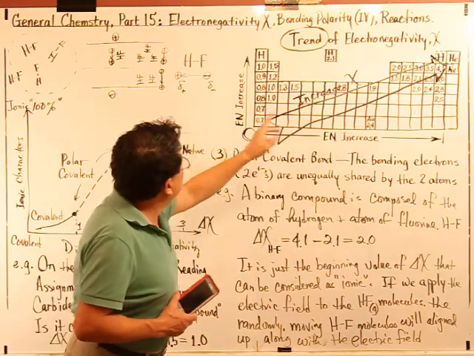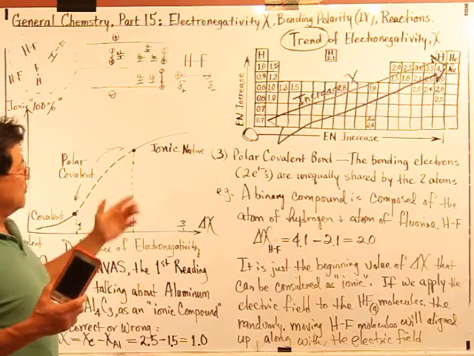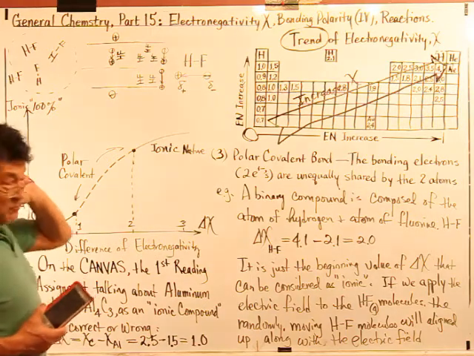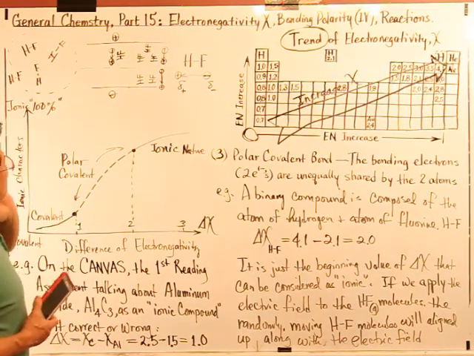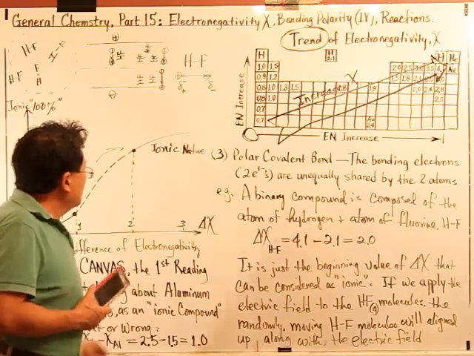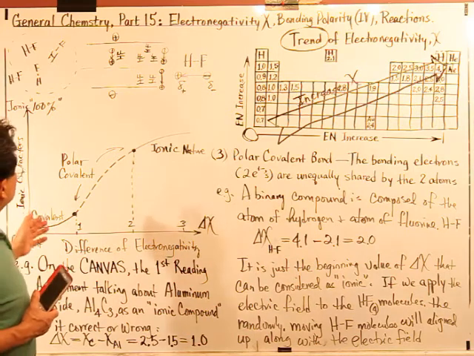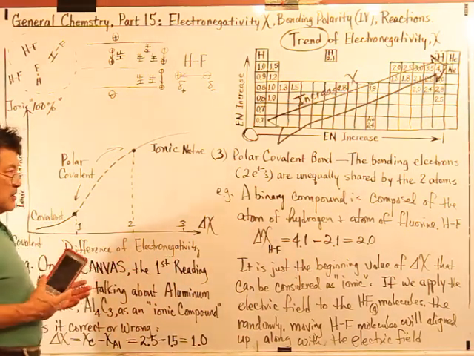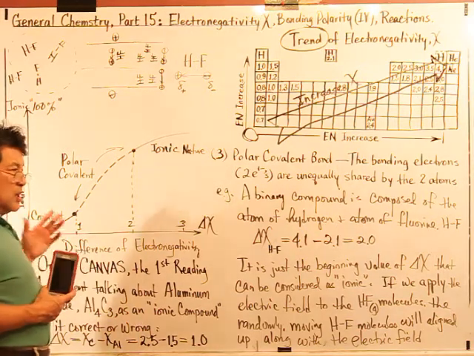It's 4.1 minus 0.7, the biggest difference on the periodic table, for fluorine and francium: 3.4. So there's no need for more than 3.5. But from here we are able to figure out if the difference between two elements that make a binary compound is covalent or ionic or polar covalent.